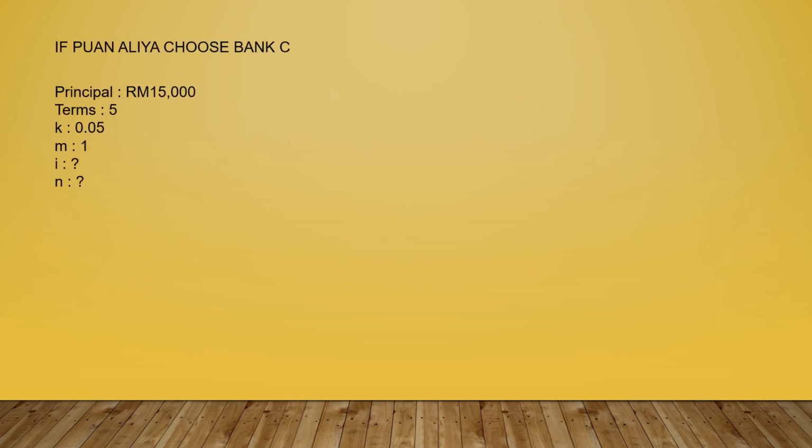We continue with Bank C. For principal, we got 15,000 ringgit, terms 5 years, rate 0.05, M is 1. First, we need to find the interest rate and number of payment periods. For I, we use the formula I equals K divided by M. So for I, we got 0.05.